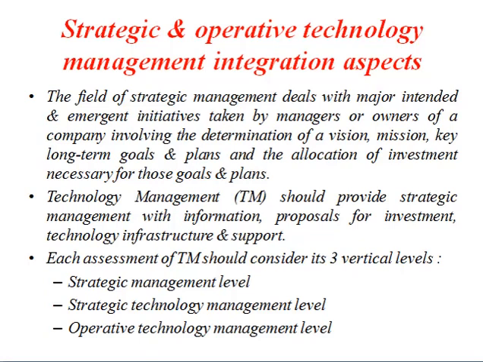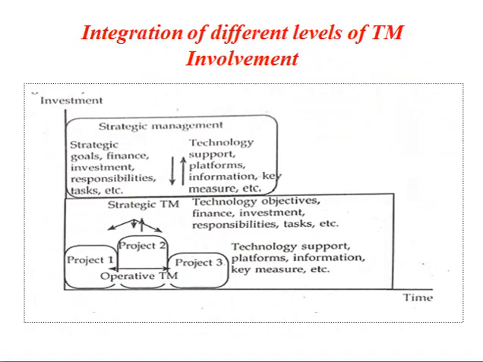So we need to study all these aspects, and each assessment we consider in technology management should consider its three vertical levels: the strategic management level, the strategic technology management level, and the operative technology management level.